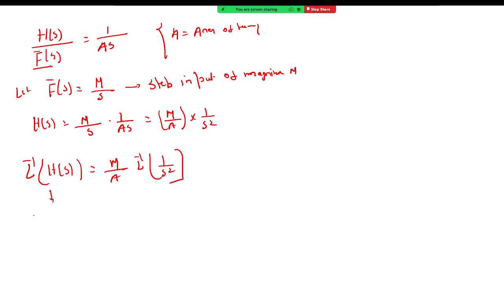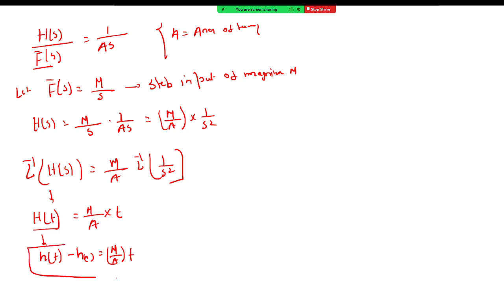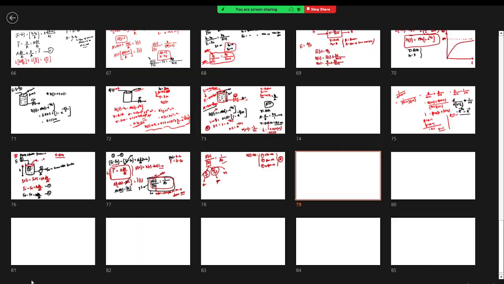So this gives h(t), which equals M by A and 1 upon s square is t, right? So h(t) minus h(s) equals M by A into t.